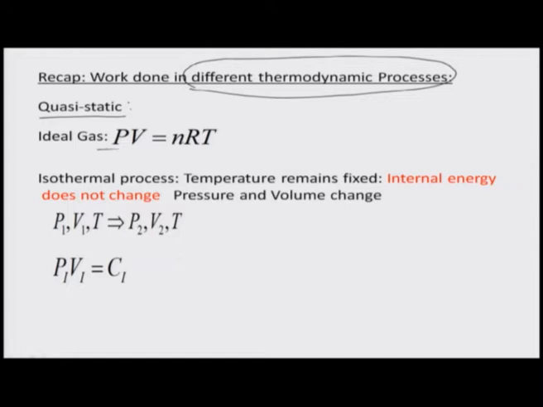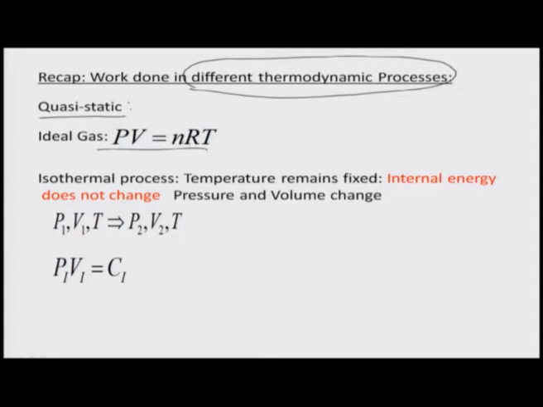For every instant of time, I can write PV equals nRT if I consider n moles of ideal gas. If not otherwise mentioned, I will be considering a monoatomic ideal gas.